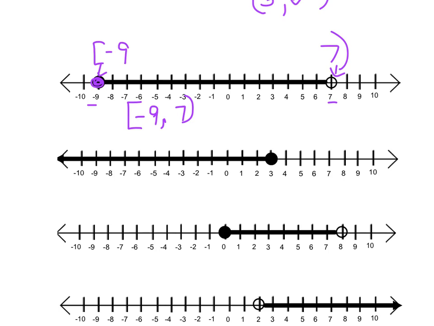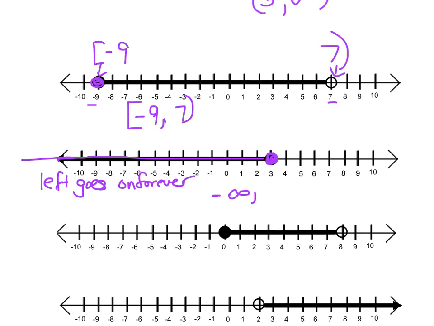So this one's a little funny. When you're going this way, you basically started all the way over here somewhere. So you're coming from negative infinity, going to the 3 that's been colored in. Since you're coming from the left, if the left goes on forever, you start with negative infinity.